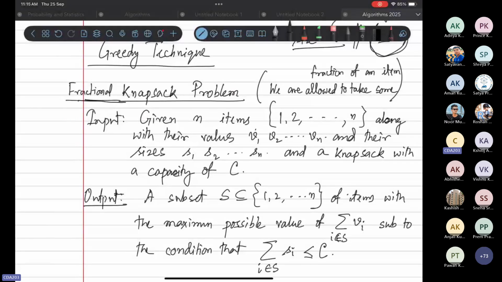I have to tell what items I'm taking, and also in what fraction. Either we are taking it completely, or some fraction of it, or not at all. How can I express that?